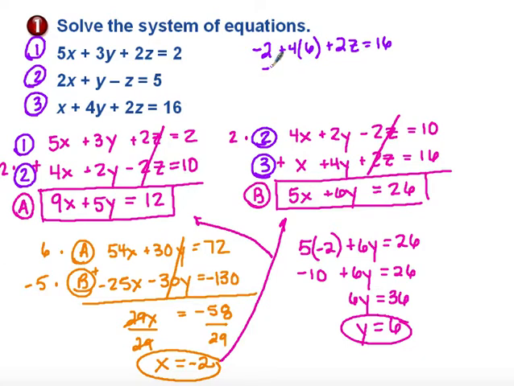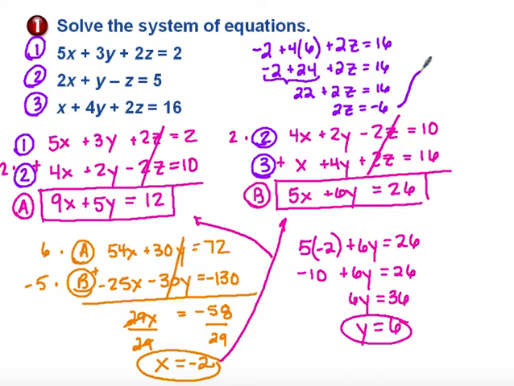And that's going to give me -2 plus 24 plus 2z equals 16. These two combined give me 22 plus 2z equals 16. I'll take that 22 over, and that's going to give me -6, so z is equal to -3.